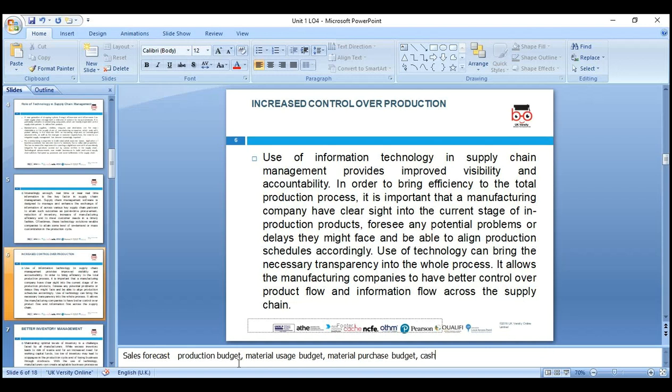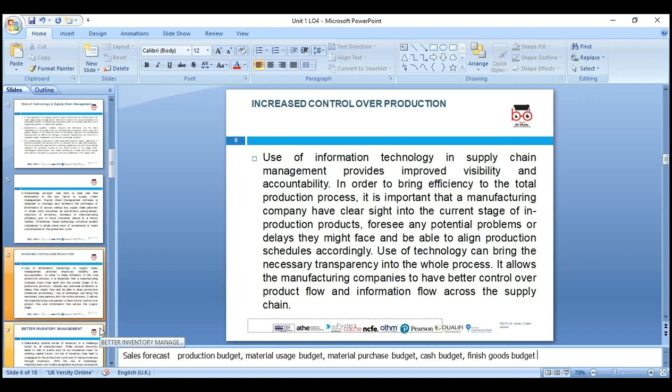And then we can make our cash budget. Then we can make the finished goods budget as well. So we need to make sure all of this is working.